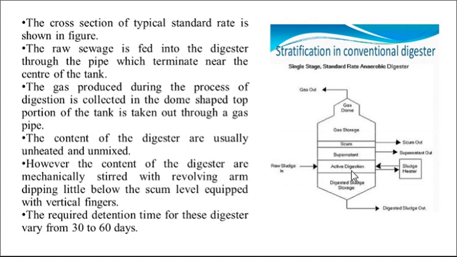At the time of digestion, gases are produced and collected in this dome shaped portion and taken out through this pipe. The digested sludge accumulates at the bottom and is periodically taken out through this pipe. Sometimes heating is required, so there is a heating arrangement. Through this, the sludge is heated so that the rate of digestion of the different bacteria increases. Next slide.